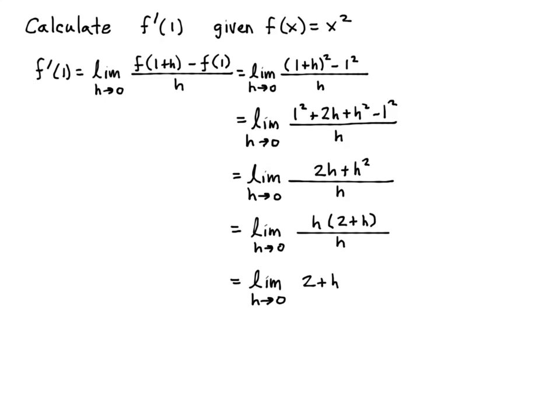And so as h goes to 0, my limit is 2, and therefore the derivative of my function at 1 is going to be 2. So if I drew this out really carefully, and I try to draw a tangent line at 1 for x squared, we're going to find that that slope is going to be 2.